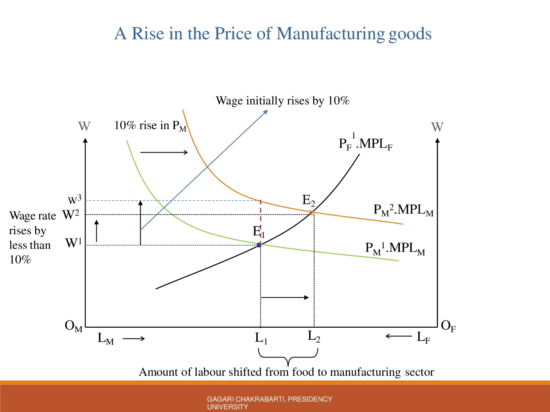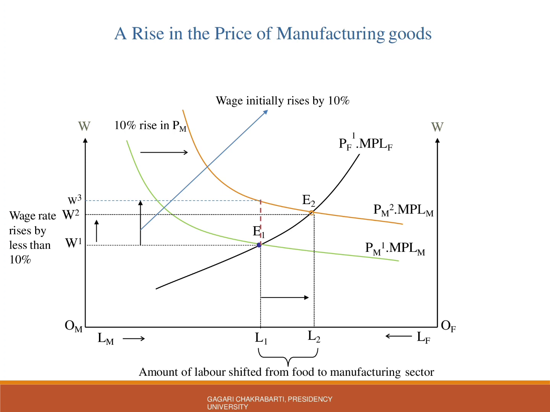We get the new brown VMPL curve, and the green one was the original VMPL curve. The initial equilibrium was attained at point E1. So L1 was the optimum employment of labor, so that OM L1 was used in the manufacturing sector and L1 OF was used in the food sector, and the wage rate was W1.